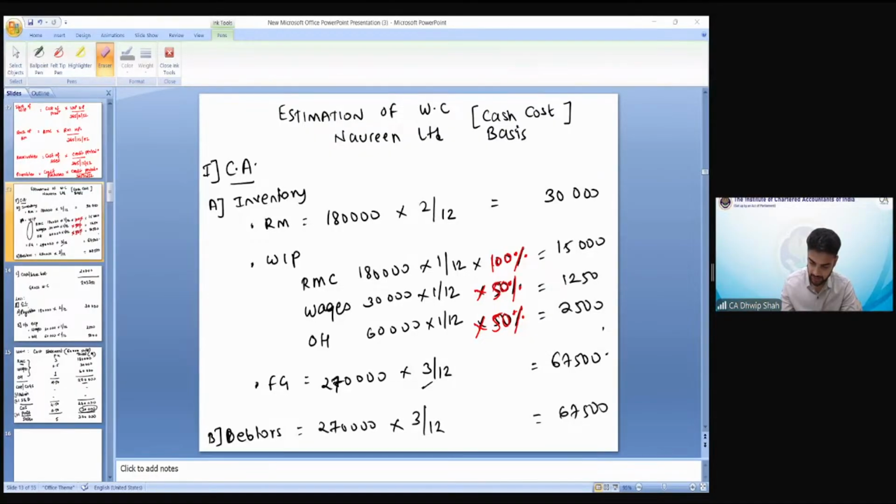So see, the estimated working capital need is 166,250. Another thing, they have also written that working capital has to be estimated based on cash cost. And what is cash cost? You ignore non-cash expenses and you ignore the profit element for calculating debtors.